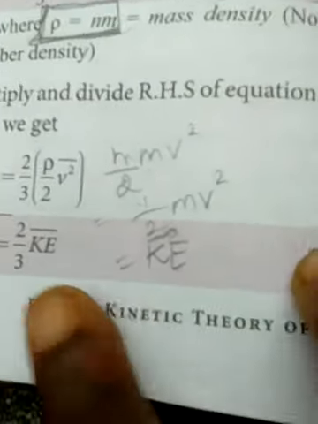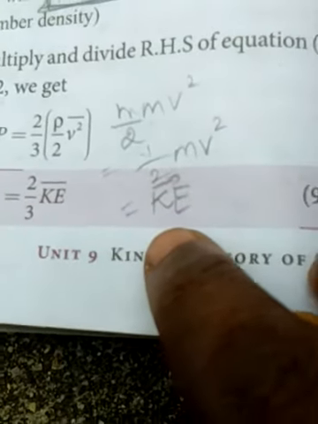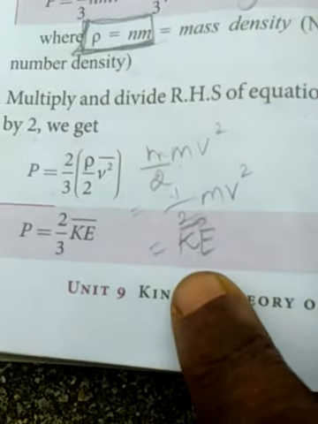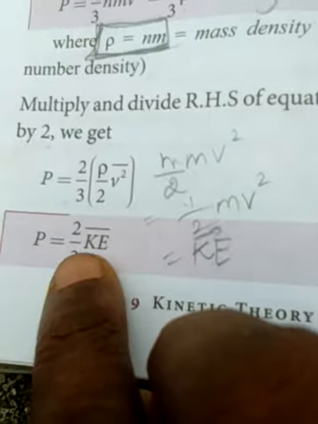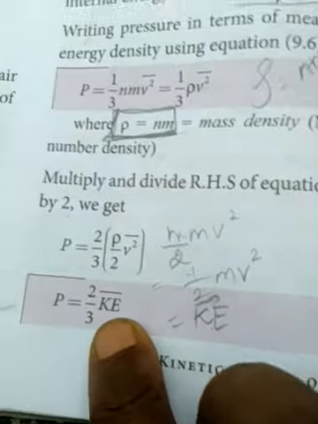So we replace the value of half mv squared with KE, the kinetic energy. So for P the value is 2 by 3 times the kinetic energy.